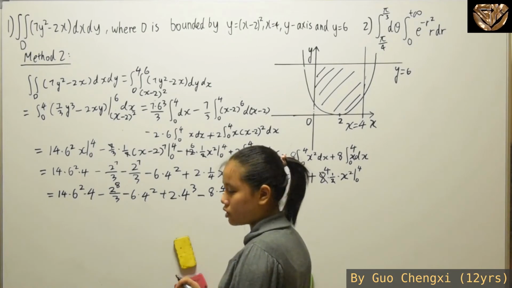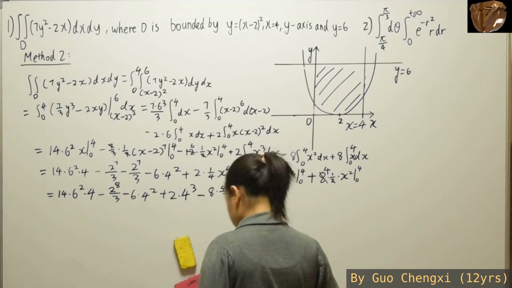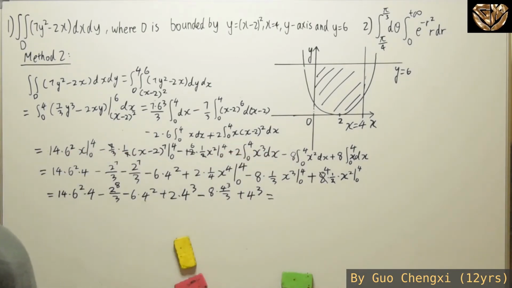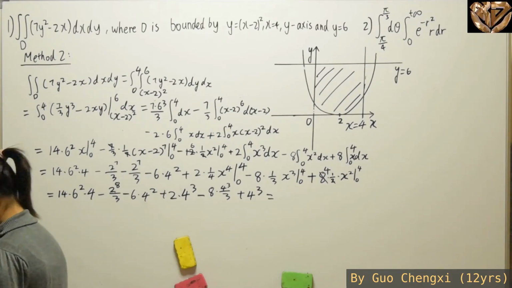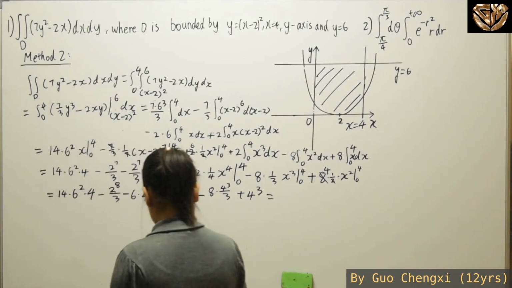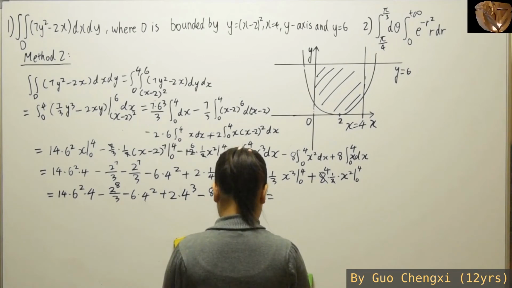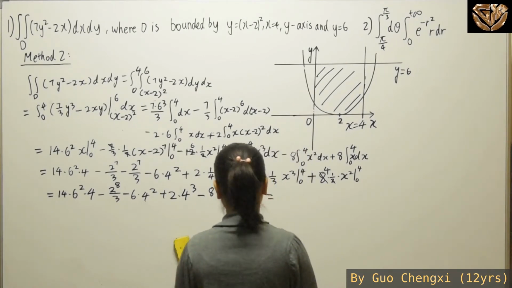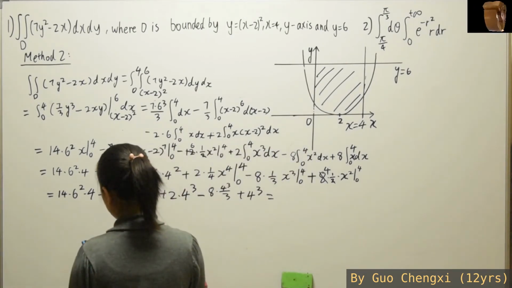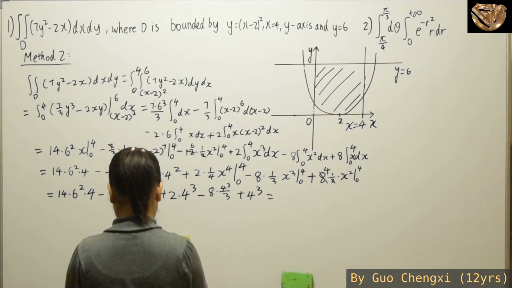So now that we have gotten this part, what we can do is to use the calculator. So we have the 14 times 6 squared times 4.